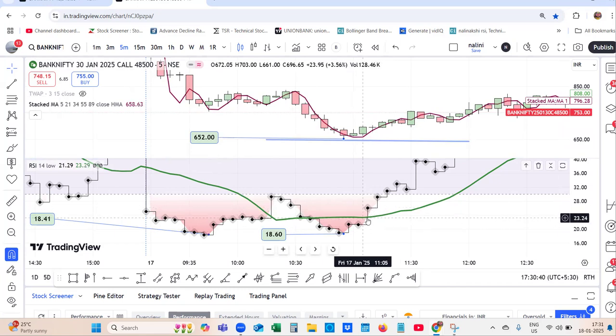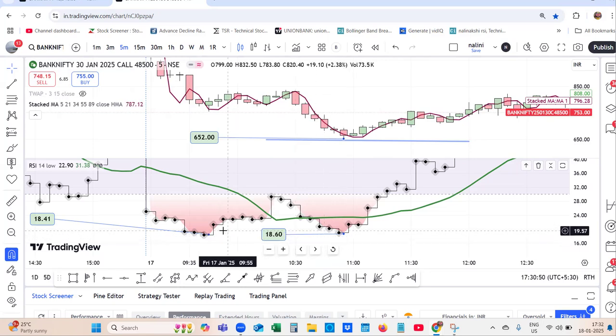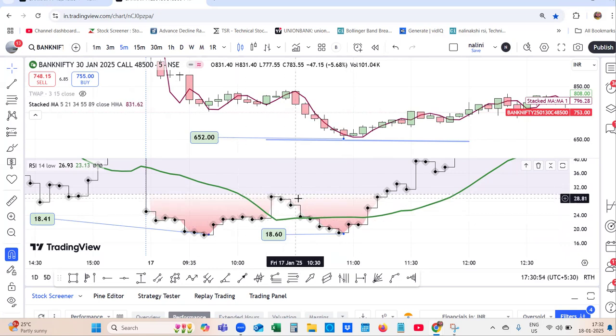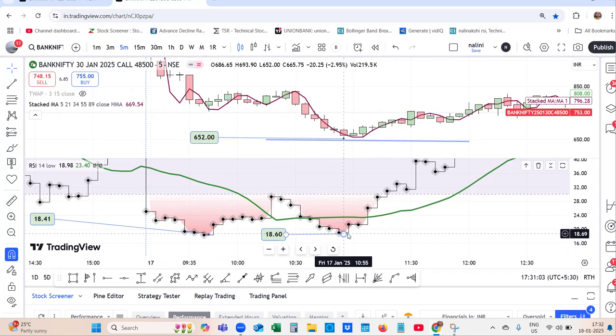You can take an aggressive entry by seeing this W pattern, and also the RSI divergence you are seeing, which is not evident on a line RSI chart. So step lines, clearly you can make out steps are coming out.